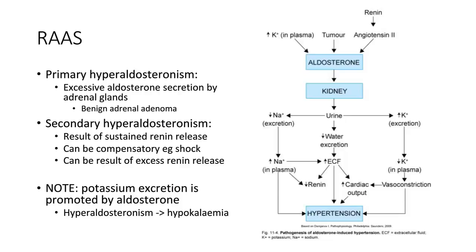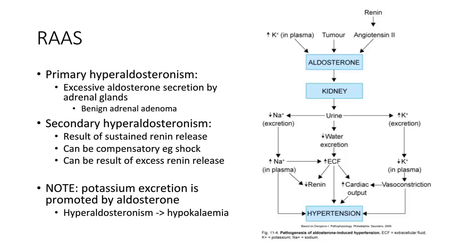There are circumstances where we see excessive aldosterone in the system. There can be a primary hyperaldosteronism because of something like a benign adrenal adenoma that is releasing excessive aldosterone from the adrenal glands.